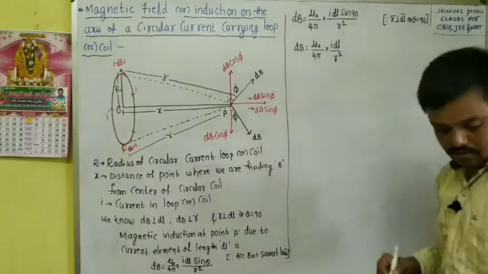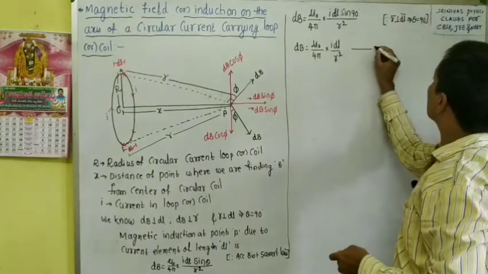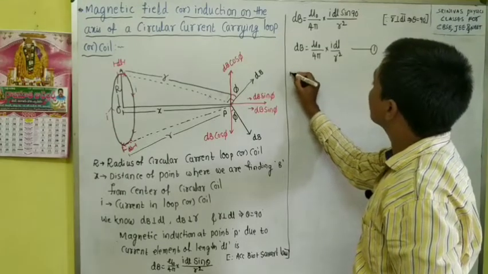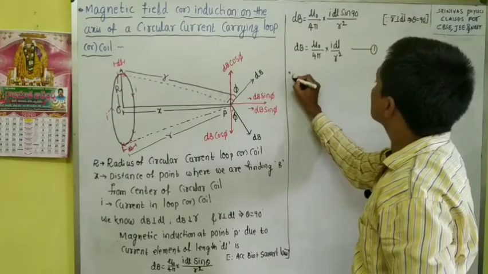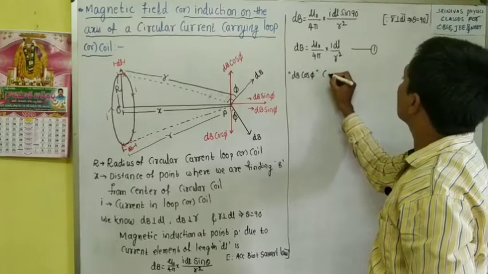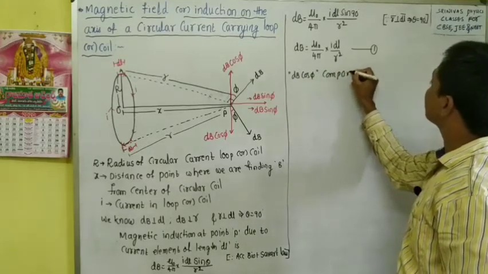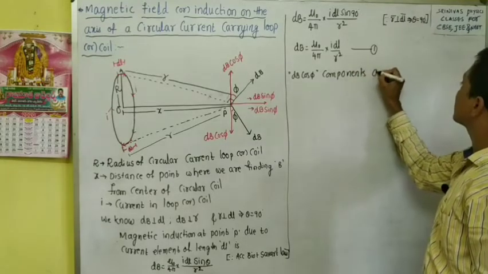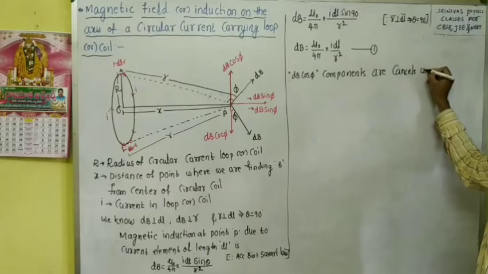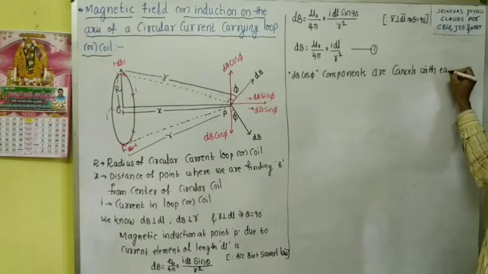This is equation 1. The dB cos phi components cancel with each other.